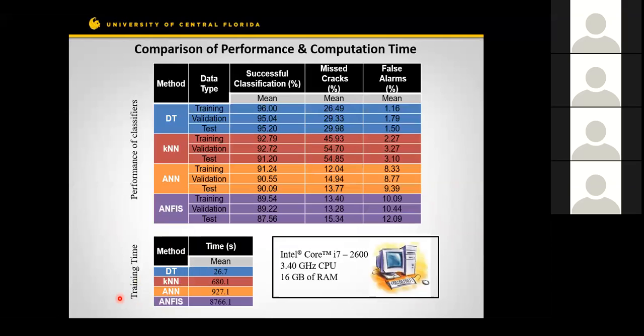Especially for ANFIS, the whole process of fuzzification and defuzzification takes a lot of time. But I should emphasize that these are just training times. The inference time, or the time for testing a model, for all of them is basically the same. So in real world application, they will all perform almost similarly.